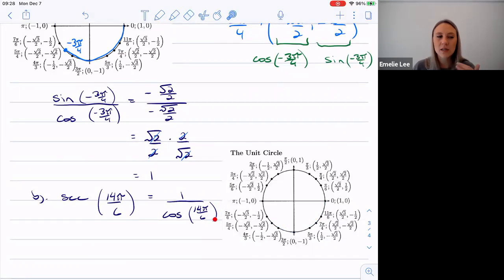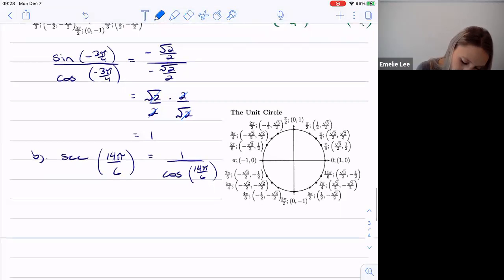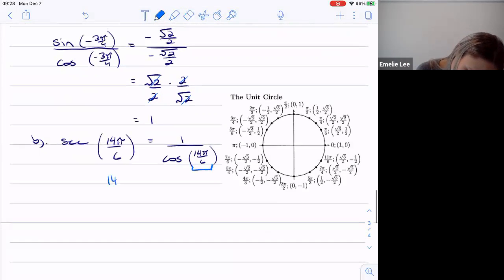Now I want to simplify it a little bit. I want to peel the onion, so I want to take away any multiples of 2 pi. When I'm working over 6, 2 pi is 12 pi over 6. So I'm going to shave it down so I don't have any loops around the circle anymore. Here I'm going to make a note that 14 pi over 6 is the same as 12 pi over 6 plus 2 pi over 6.